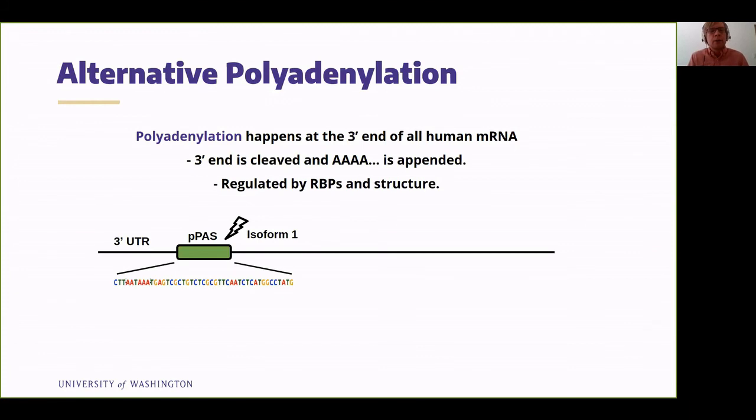And the polyA signal, which is composed of this cis regulatory code, regulates the strength of attracting this polyA machinery by incorporating various RBP binding sites, as well as having a particular RNA secondary structure, perhaps, to regulate its strength.